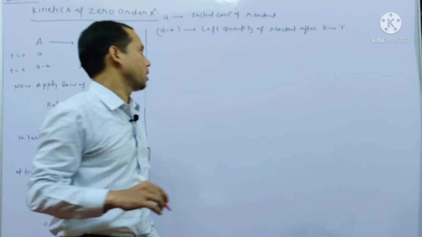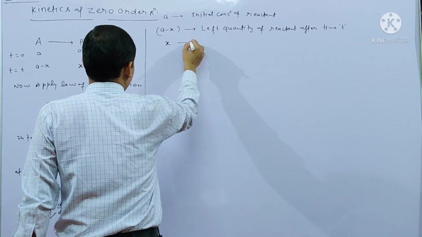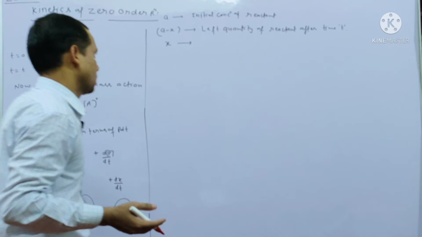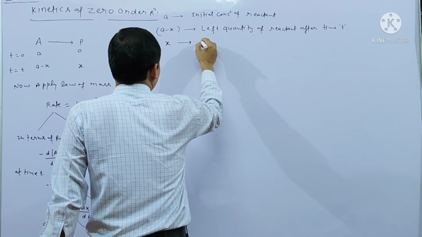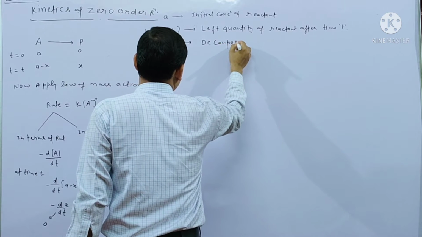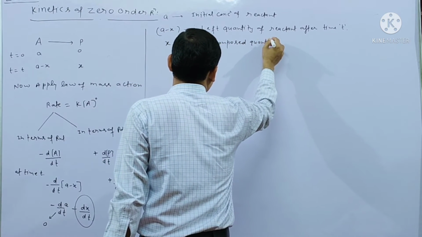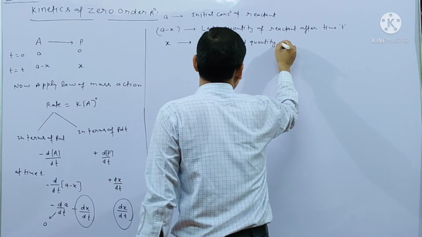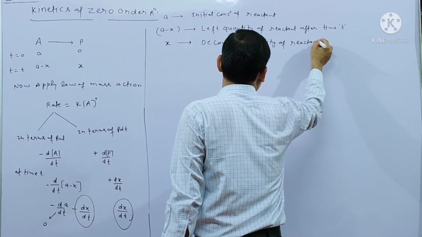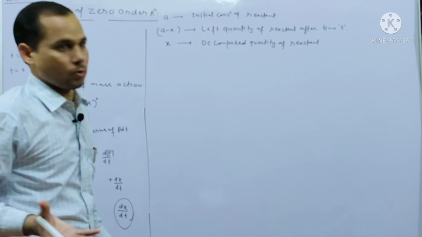And now what is x? x is the quantity of reactant decomposed, or simply we can say the quantity of product formed.